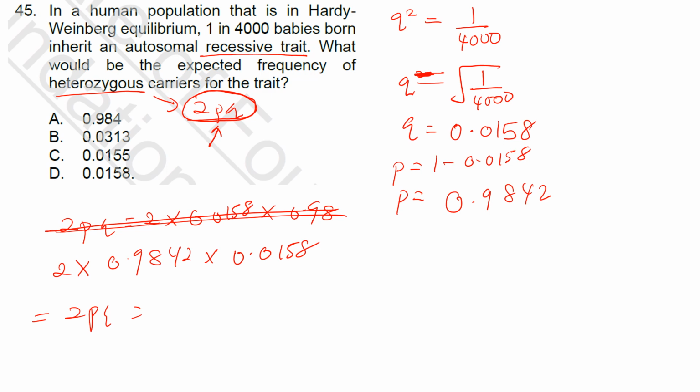The value that I got from this calculation is 0.0311, so the nearest answer is 0.0313, which is this one here. The answer is B. Maybe you have to round off the number correctly, maybe to 3 decimal points, to get the exact value of 0.0313.